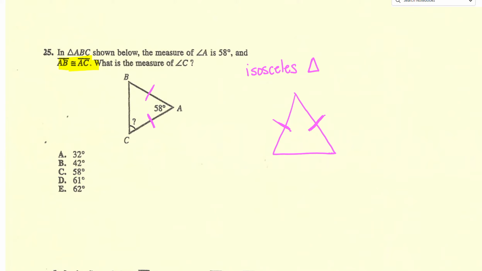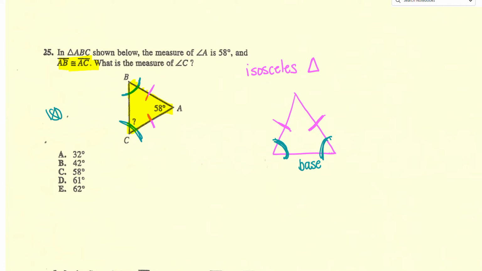And if these two sides are equal to each other, that puts these two base angles also to be equal. It's sitting on its base, and that's the angles of it. So that would mean that these two angles have to equal each other. Again, 180 degrees in a triangle.